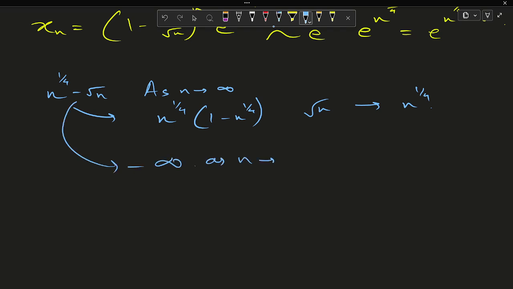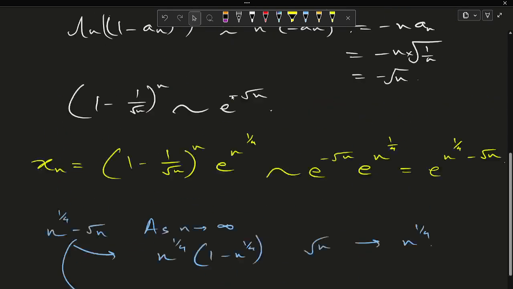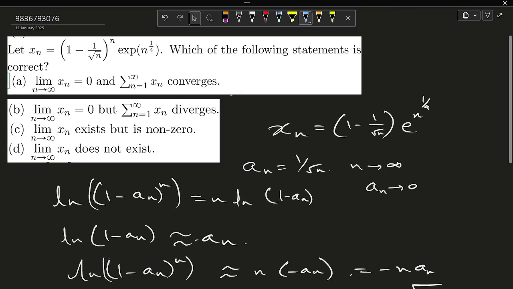So e to the power of it goes to 0, and the limit of xn as n tends to infinity is 0.